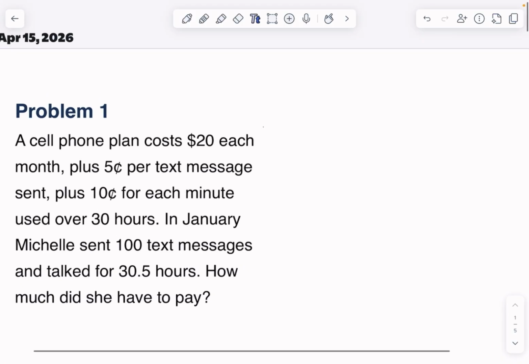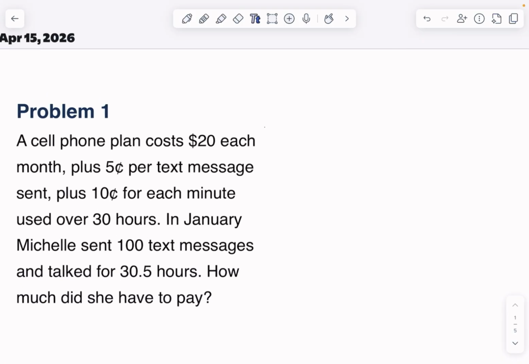Okay, so let's start. The default is $20 for the month. She sent 100 text messages and it costs 5 cents per text message, so it's 500 cents, or $5. She talked for 30.5 hours, which is 0.5 hours over the 30-hour limit, which is 30 minutes.